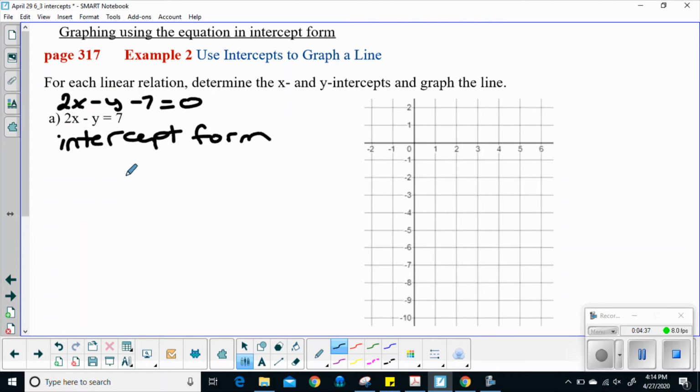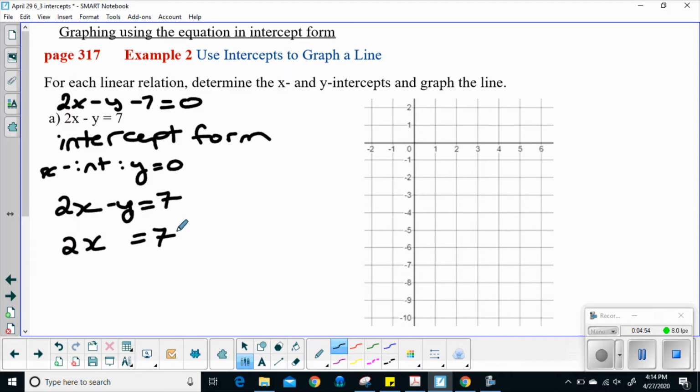Okay, so in order to figure out my x and y intercepts, remember for my x-intercept, that means that y is equal to 0. So I'm going to take my equation and sub in 0 for y, so it's gone. Let's just finish rearranging: divide both sides by 2, and x is equal to 3.5. So I can put a dot on my x-axis at 3.5.